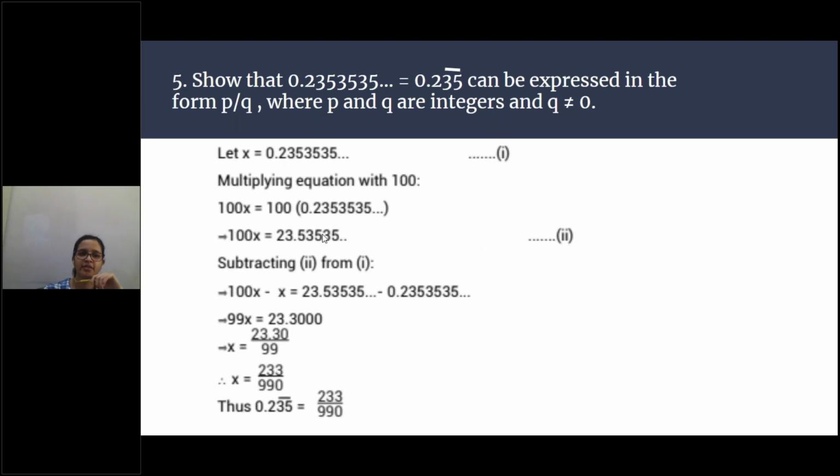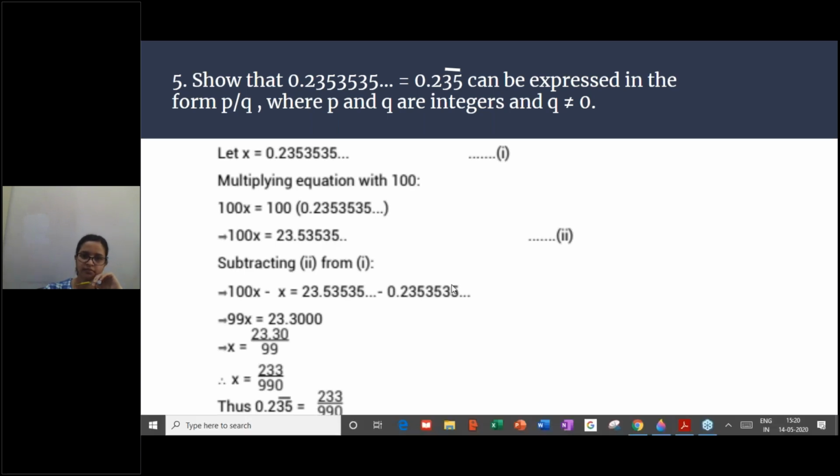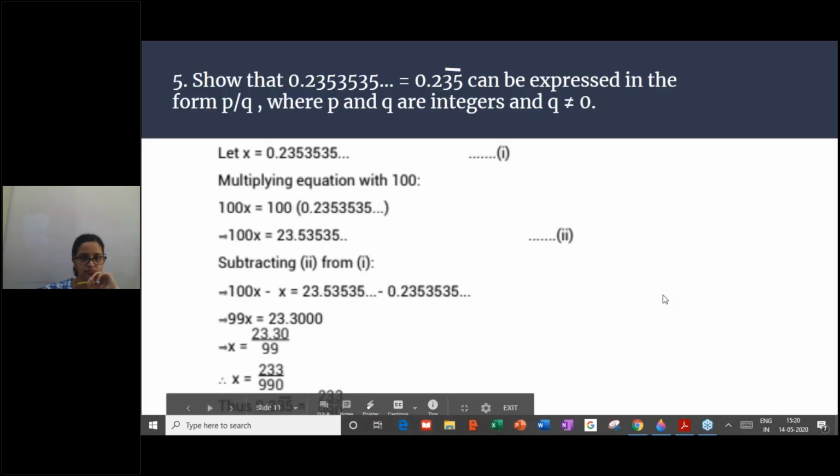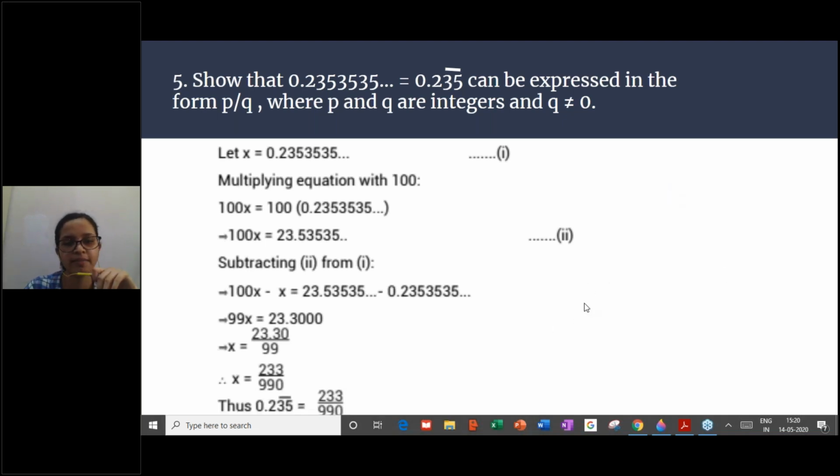So you can multiply the equation with 100 and you'll get this.